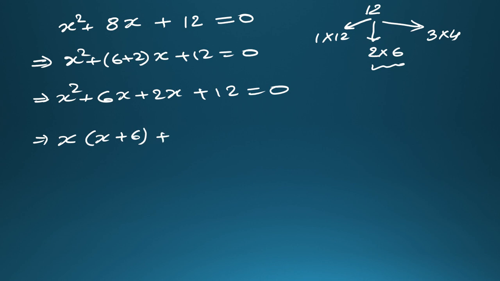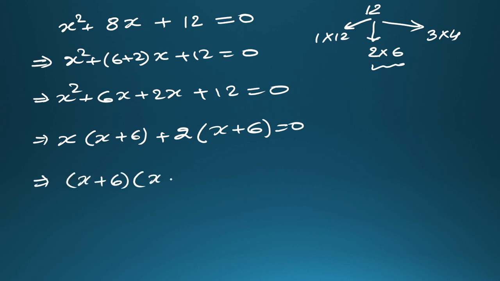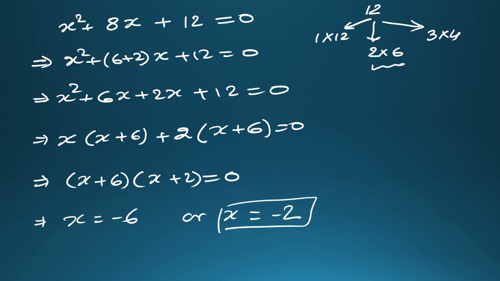From 2x and 12, 2 can be taken common. So again you will get x plus 6, which means it will be (x plus 6) times (x plus 2) is equal to 0. So x will be equal to negative 6 or x will be equal to negative 2. Like this, you can solve so many questions of factorization.